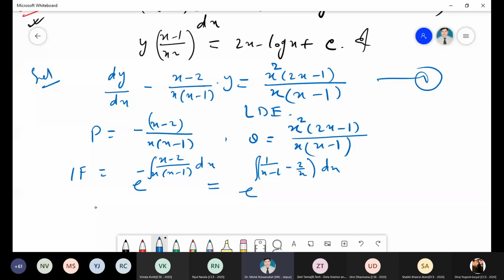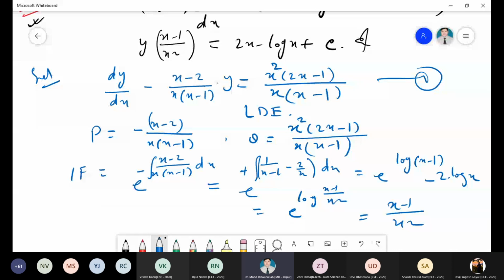Correct. Because earlier the minus sign is here, and it is plus and minus. So when we take it positive, this will be minus, this is plus. So this will be equal to e to the power log of (x minus 1) minus 2 into log x, right? So this is finally e to the power log of (x minus 1) upon x square.